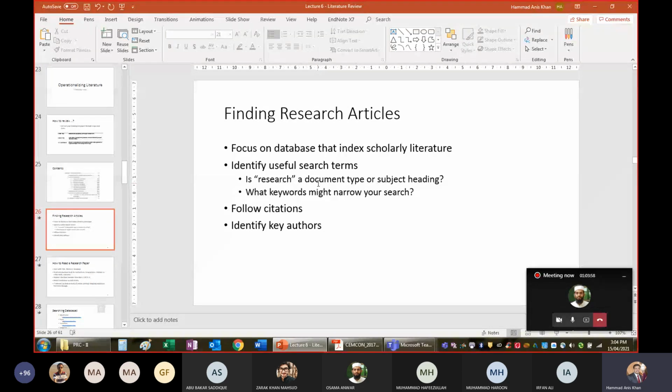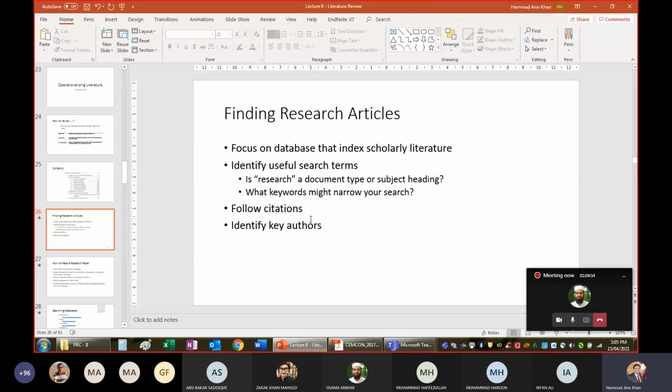You can either have a certain keyword in your mind. For example, let's suppose you want to study carbonation, or the microstructure of concrete, or bituminous concrete. You have a certain keyword, so you can use those keywords to find out the topics on those words. You can also find the citations.